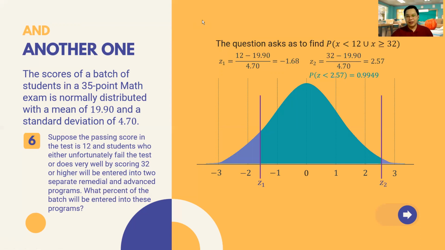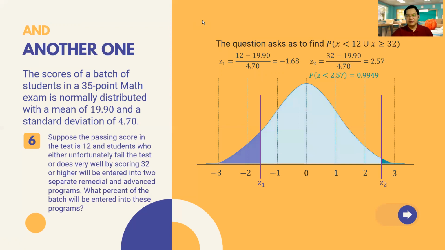And the probability that z is less than 2.57 is equal to 0.9949. All right. So the probability that z is greater than or equal to 2.57 is equal to 1 minus that value. So this is equal to 0.0051. That's just the area of the region to the right of z sub 2.